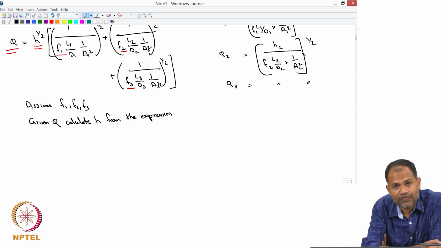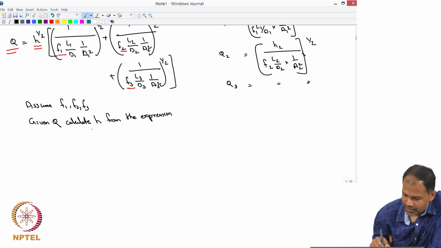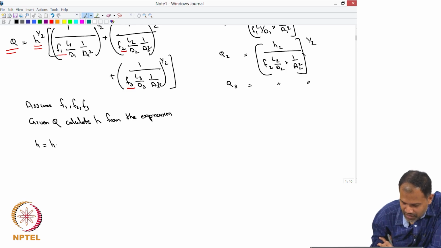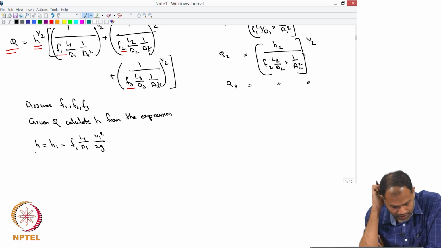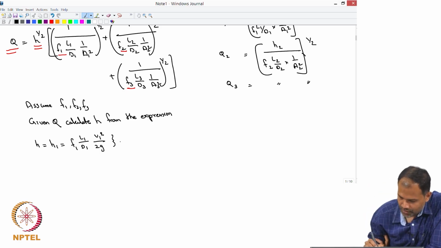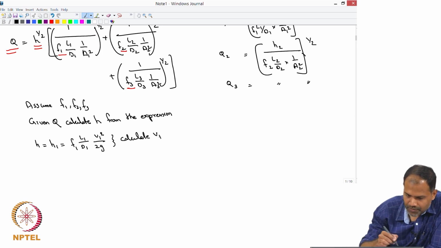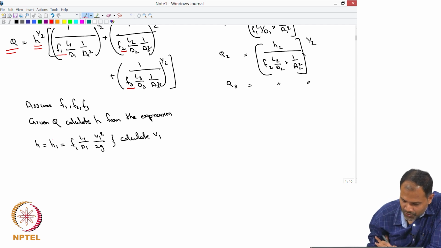But we do not know whether F1, F2, F3 are right, but we have calculated H, and we know that H is same as H1, same as F1 into L1 by D1 into V1 square by 2G. Okay. So, that means you can now calculate V1, because in this expression you know H1, you have assumed F1. So, you can calculate V1.